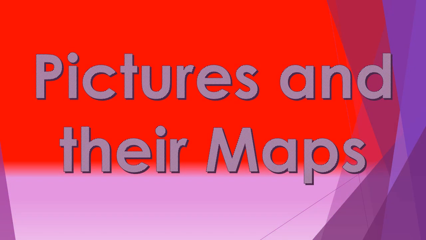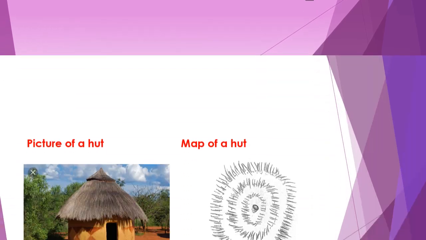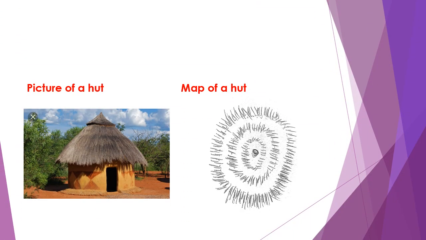We have been talking of pictures and their maps. Now we want to see exactly what we've been talking about. You can see we have a picture of a heart, and then on the right we have a map of a heart.